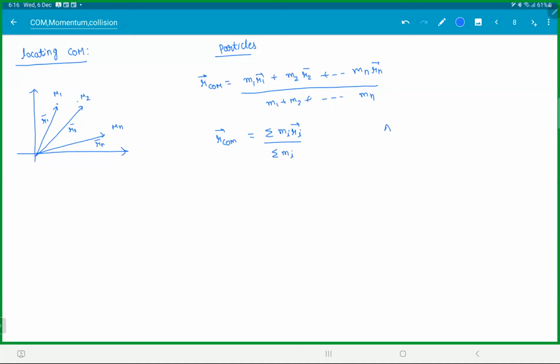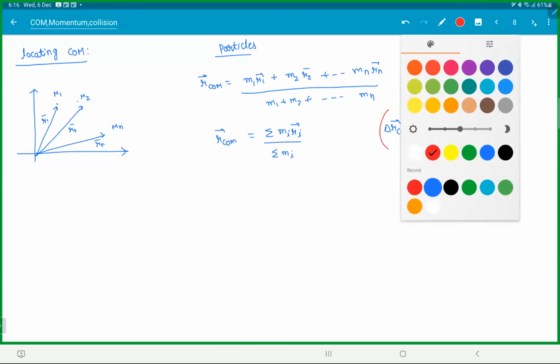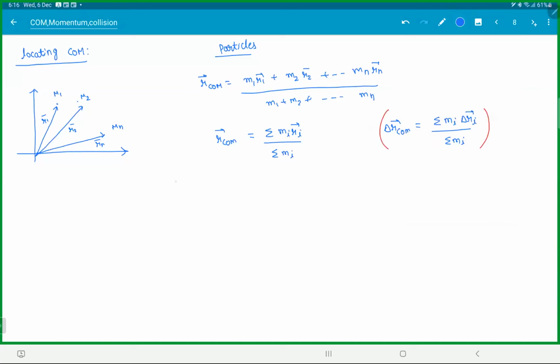If you put delta on both sides, the change in center of mass position, delta RCOM, will be sigma mi delta Ri. So change in position of each one. This will be quite a useful result. We are going to use this later on. That's your R center of mass of particles. If you want the x coordinate, just take only the x coordinate: sigma mi xi by sigma mi.